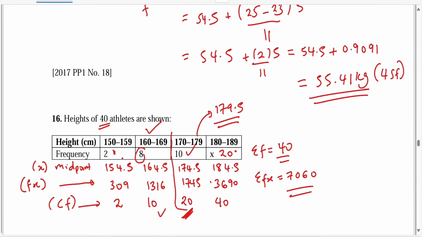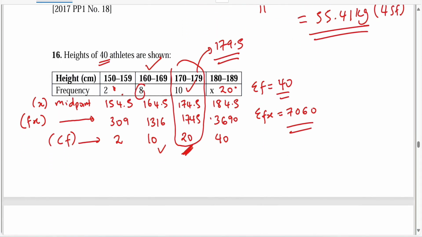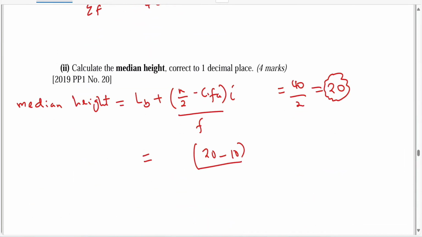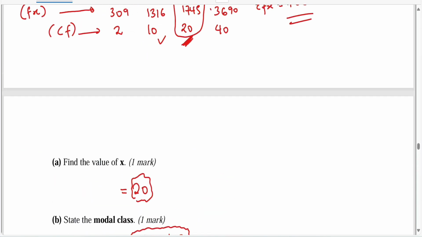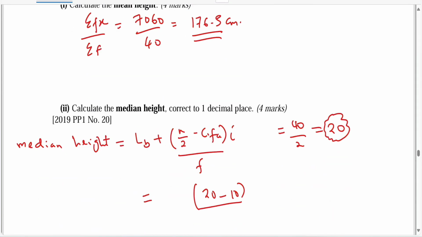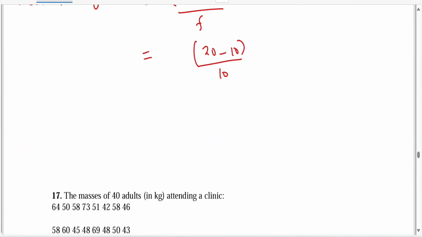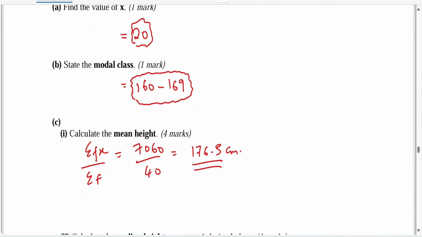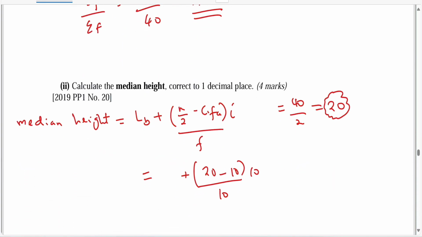We are highlighting this one. 170 to 179 ni class intervals za 10, so frequency yetu ni 10. So divide by 10 times class interval ya 10 yenyewe, plus your lower boundary, which should be 169.5.